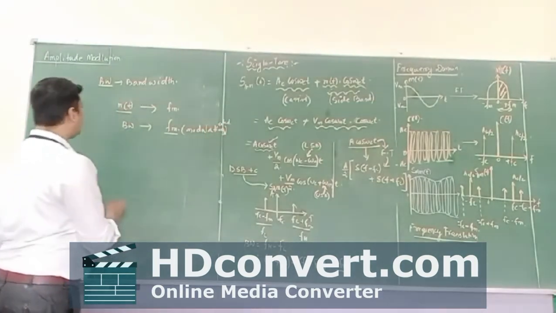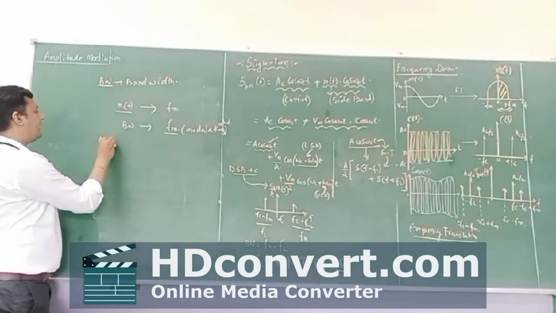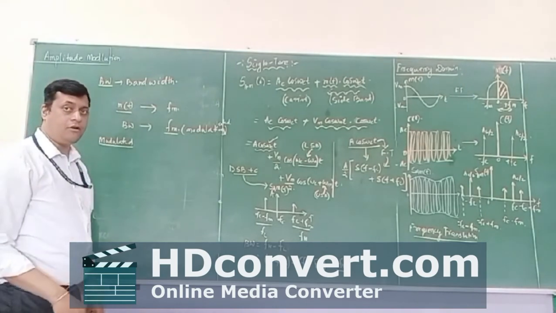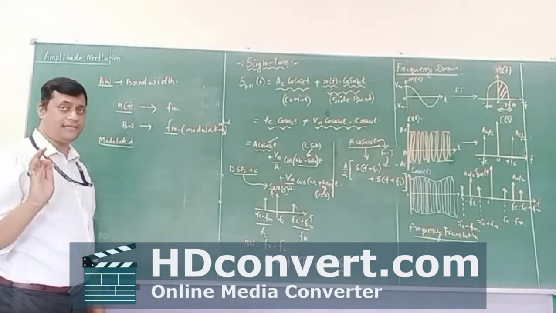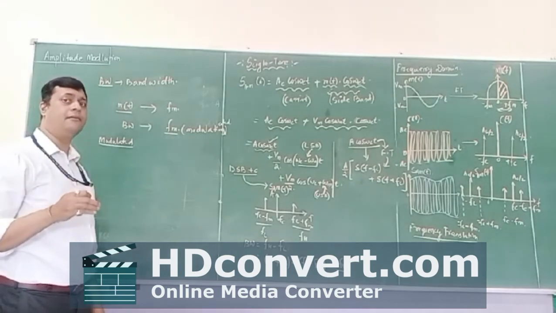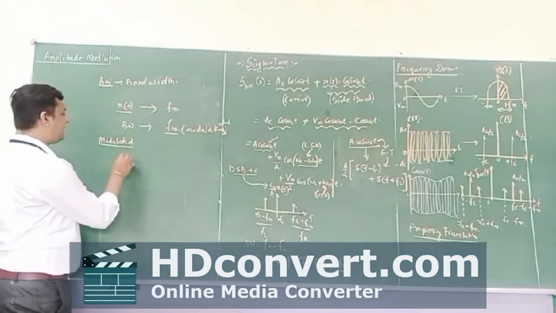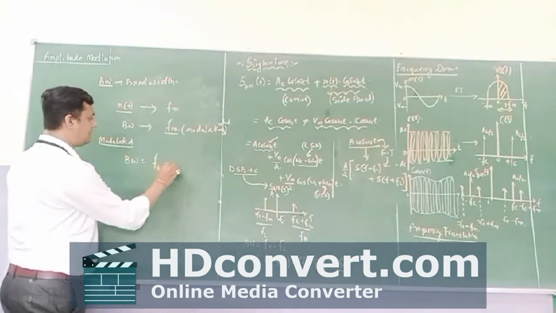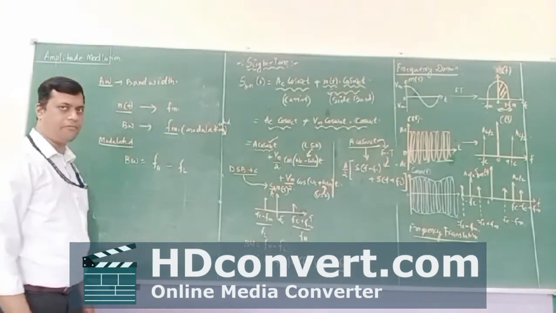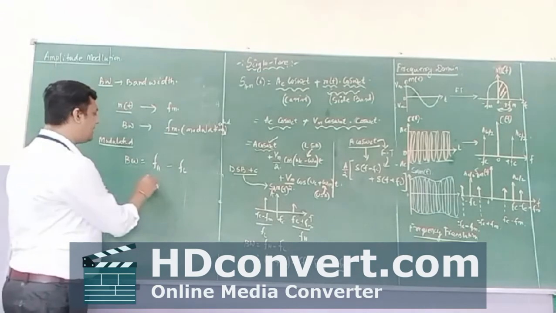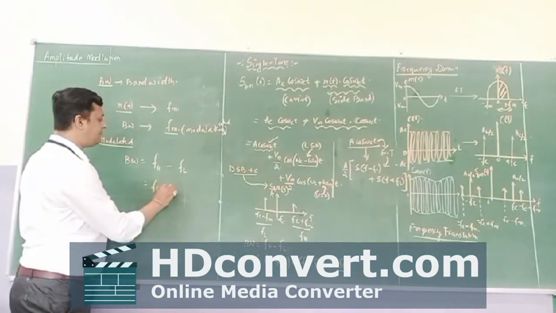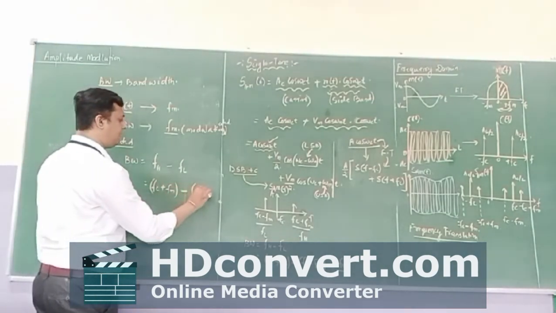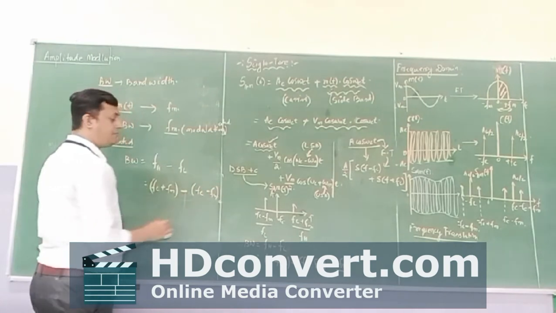Then next, the modulated signal. If it is AM or DSBSC, rather than SSBSC, DSBSC and AM will have the same bandwidth. Same bandwidth means the upper sideband, the higher frequency component, minus the lower frequency component. In this figure you can see the higher frequency component is Fc plus Fm, called the upper sideband, and the lower frequency component is the lower sideband, Fc minus Fm.